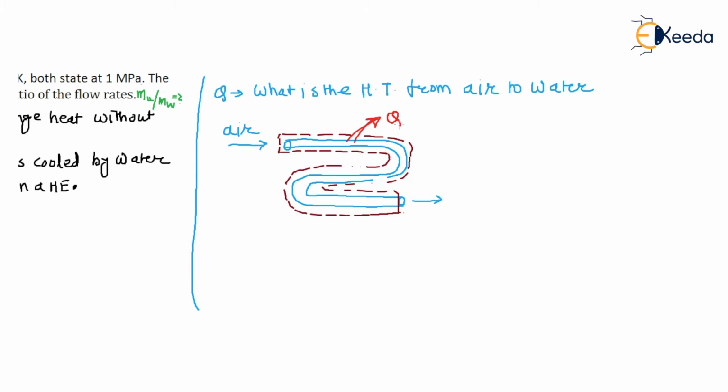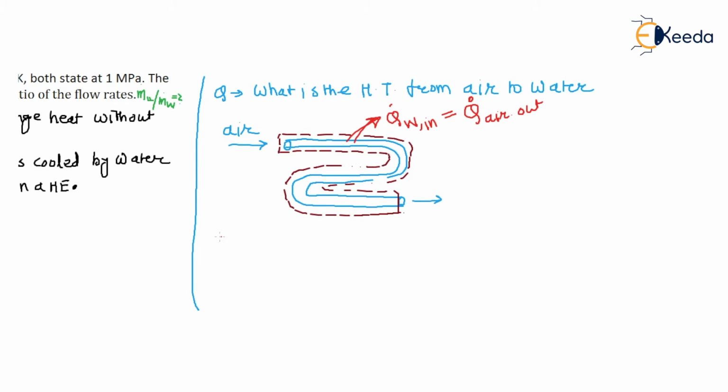That means the heat added to water is the same as the heat transfer out by the air. Why? Because in this there is water. So the water heat in is the same as the air out.